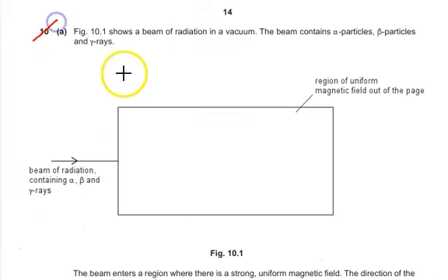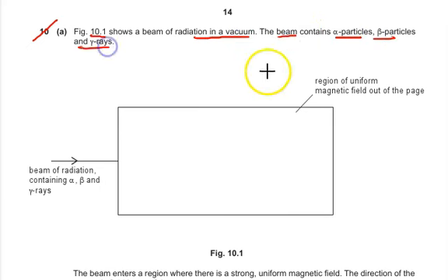Okay, for number 10, figure 10.1 shows a beam of radiation in a vacuum. A beam contains alpha, beta and gamma rays. Okay, this is the beam. You have alpha, beta and gamma.